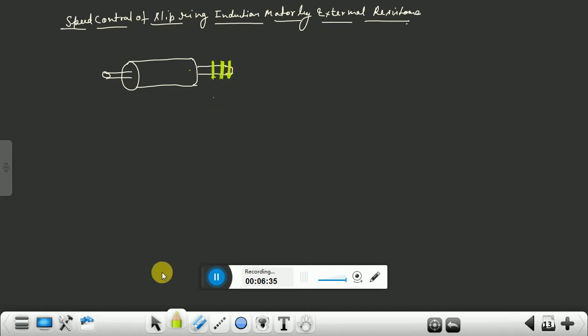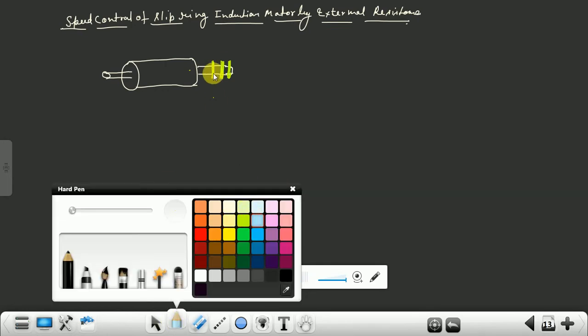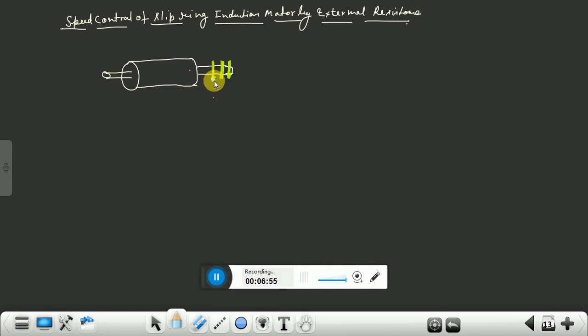And these are the slip rings. Current is collected through the slip rings by carbon brushes. So we place carbon brushes here. Carbon brushes collect the current of these slip rings, and this is your external resistance.